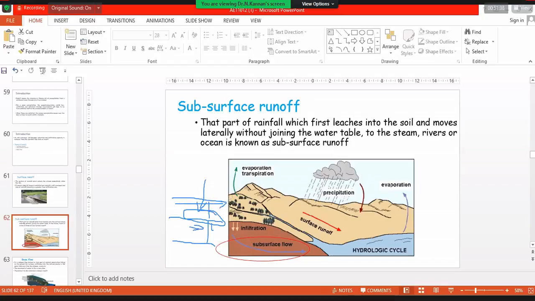This is called subsurface flow, but this one is happening inside the soil. It is not over the soil surface. You understood or not? Because of this slope, it is moving into this water storage system, right? If you are able to have this process, that is technically called subsurface runoff. Okay, please make a note on this.